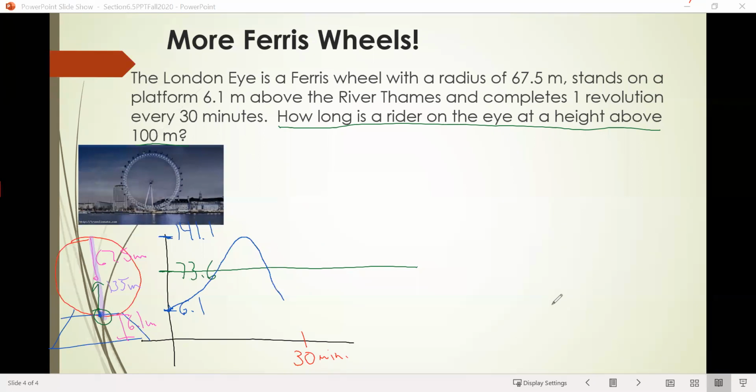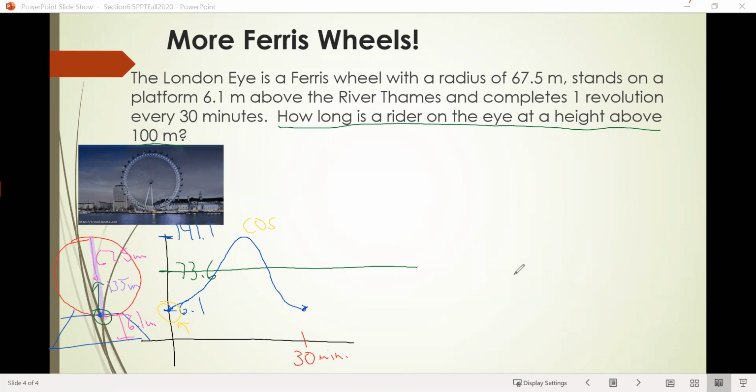So it'll go up to the top and back down, and then finish at the height of the platform after 30 minutes. And when I draw it that way, hopefully you notice that our starting point is off the midline, which tells us that this is a cosine function, right?